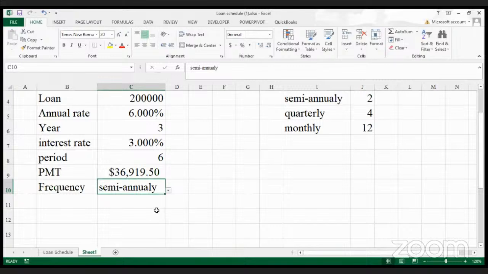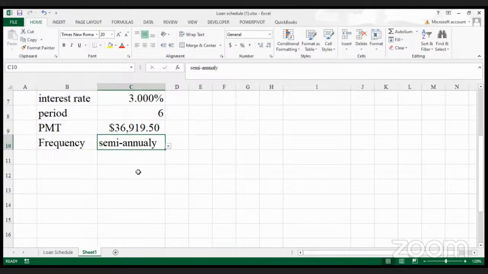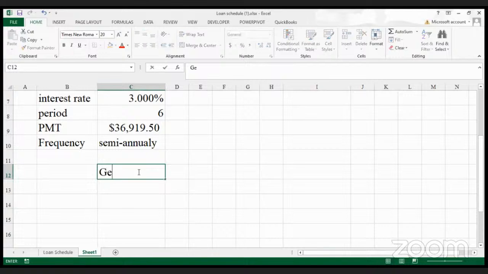You are now free to move to the next part of the loan schedule, which is now the actual or automated loan schedule. So here we are going to have what we call beginning balance. So we are going to have beginning balance there.